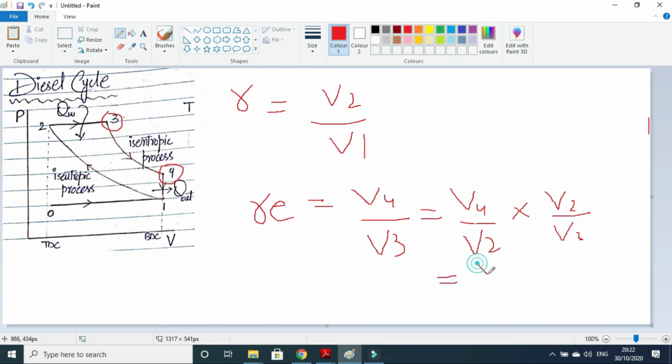So V4 is actually V1, and we can also write this as V3 upon V2. So V1 upon V2 is R and V3 upon V2 is Rc, the cutoff ratio.